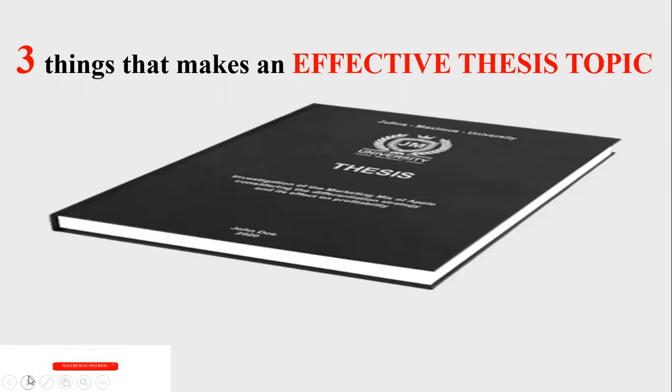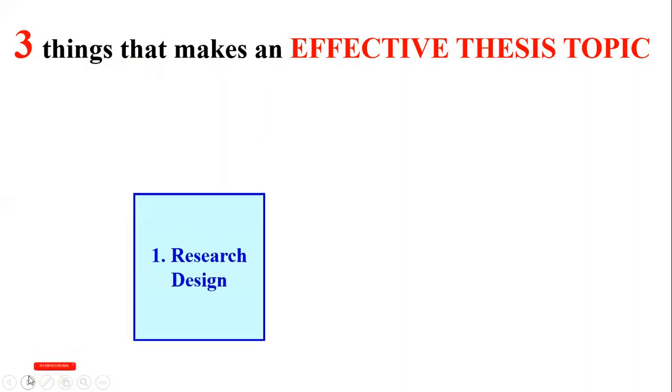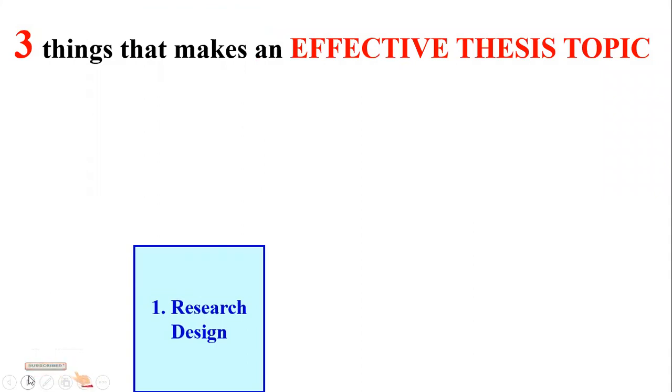So what are those three things which make our thesis more effective? Let's go to the next slide. The first one is research design. Which research design would you follow? Either you go for a correlation research, a causal comparative research, or an experimental research.